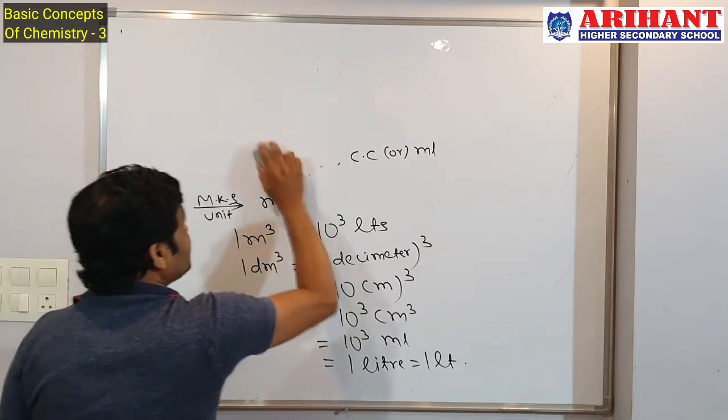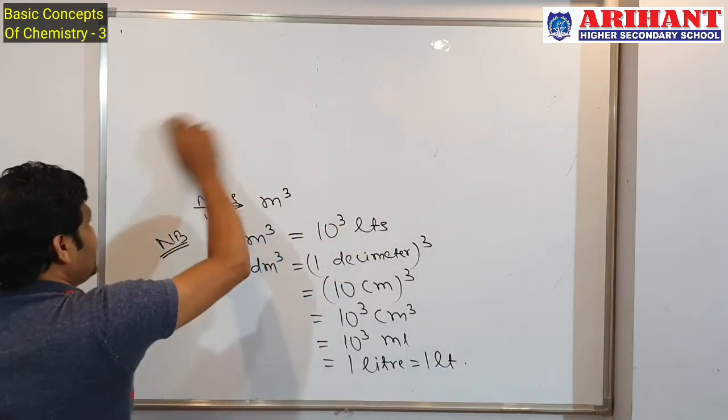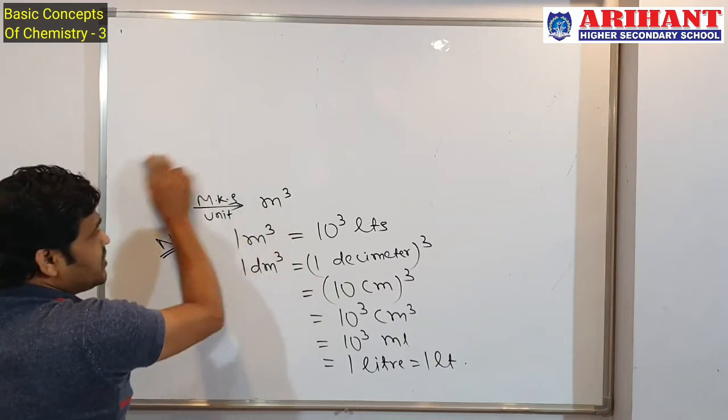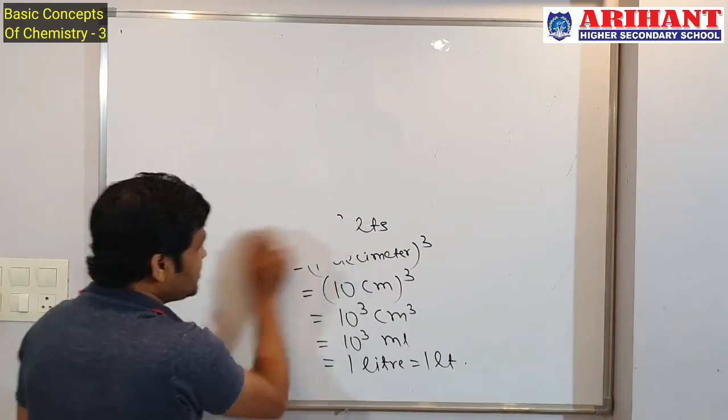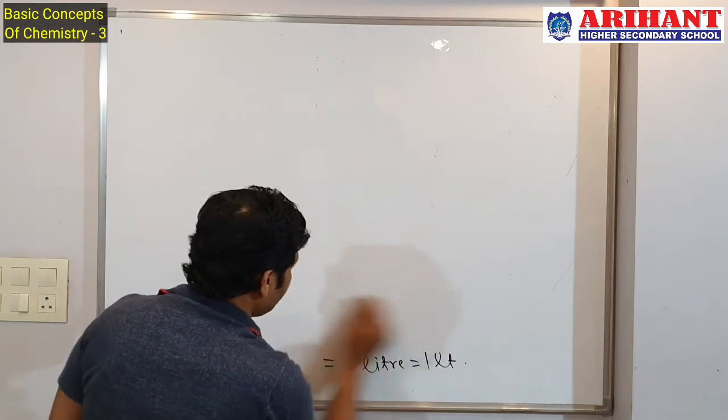One milliliter is equal to 1 cubic centimeter. 1 meter cube is equal to 10 to the power 3 liters. 1 decimeter cube is equal to 1 liter.